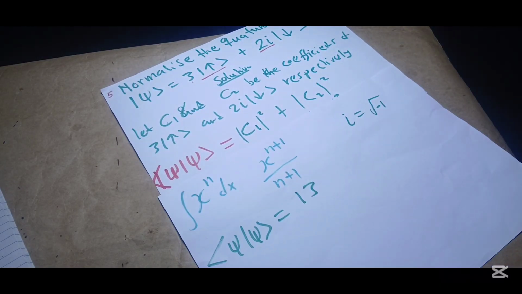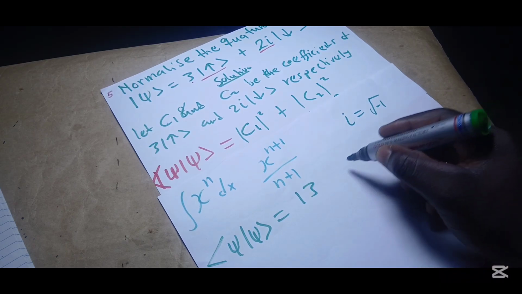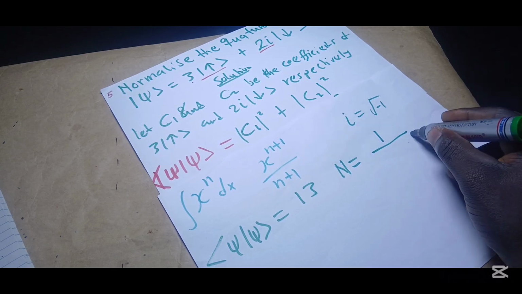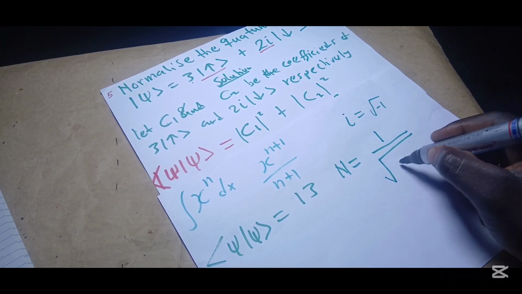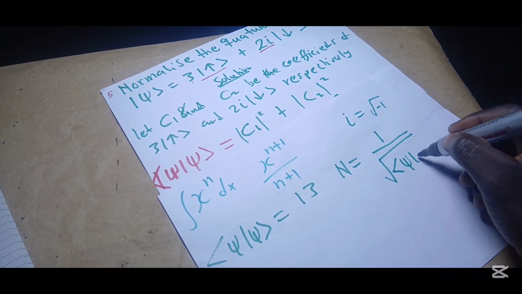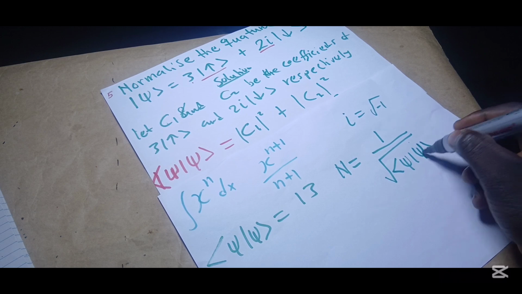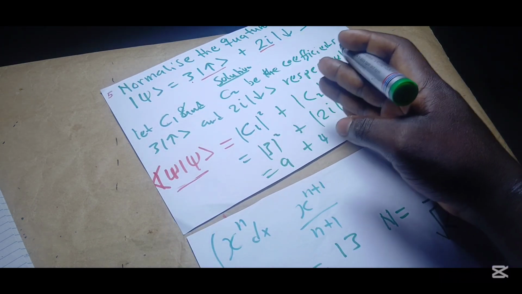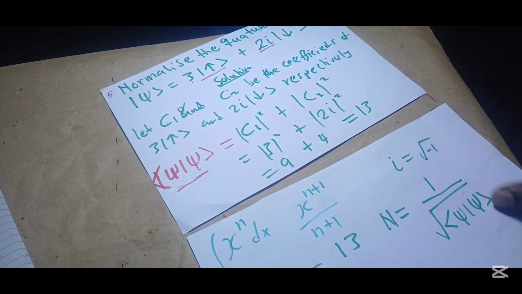The second part is to look for our normalization constant. Our normalization constant here is equal to 1 over the square root of the norm. First step, look for the norm by summing up the absolute square of each coefficient of the given state.